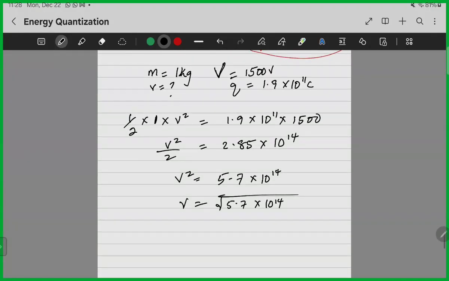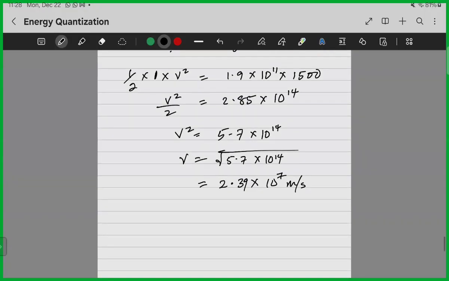And that leaves us with a velocity of 2.3 times 10 raised to power 7 meter per second. I would say it's 2.39. Yeah, that's 10 raised to 7.